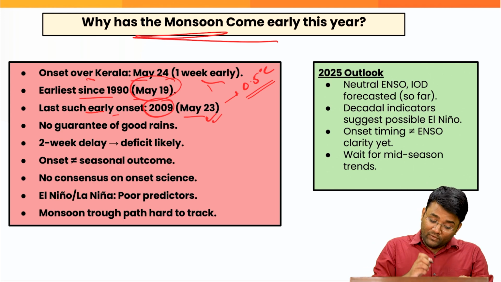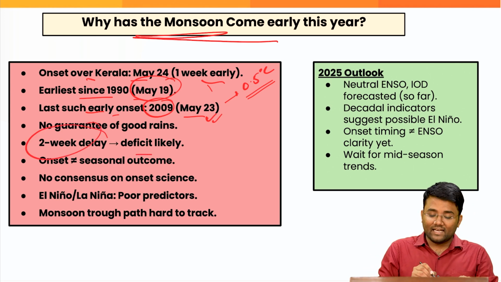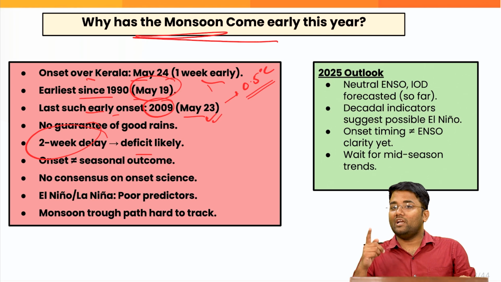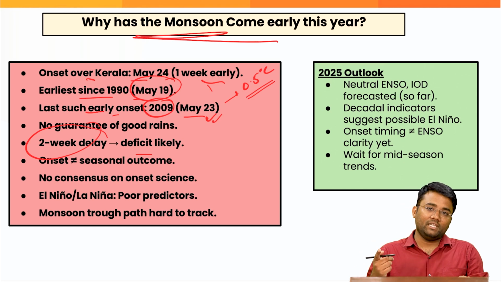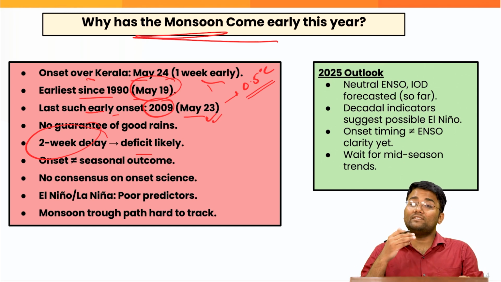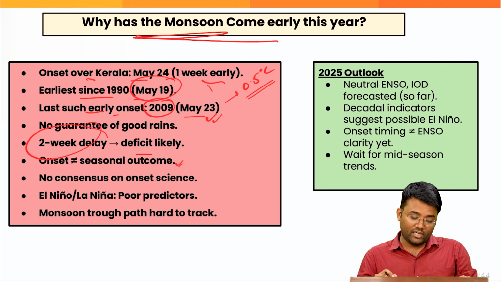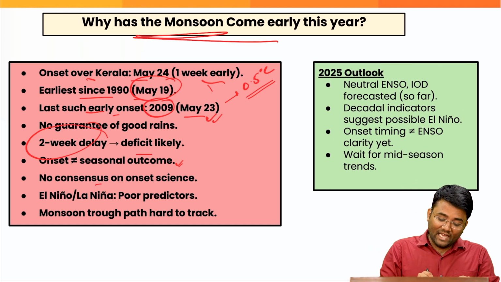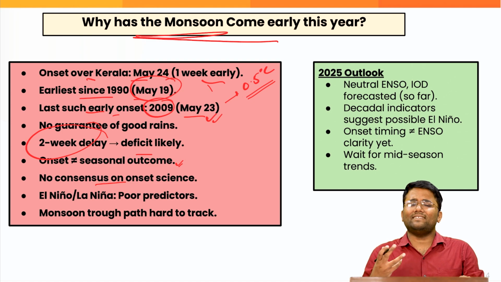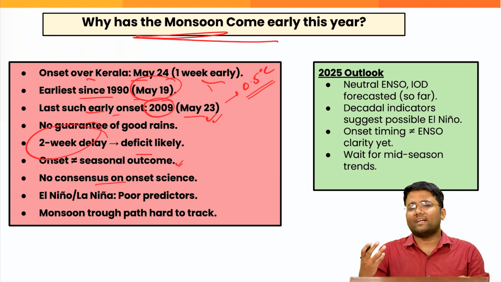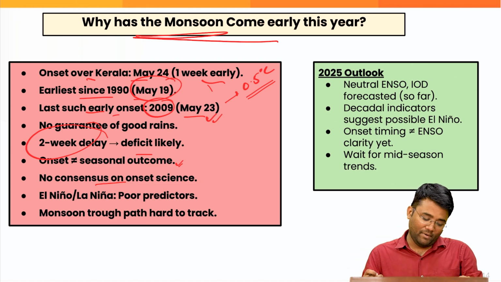So with a delay of the monsoon, there are high chances that there will be a monsoonal deficit, a rainfall deficit, but there is no guarantee that if the onset is early, there will be a good seasonal outcome or good rainfall. So that is the reason as of now we do not have any consensus on the onset of monsoon, what the factors are which impact it and how it is getting impacted.